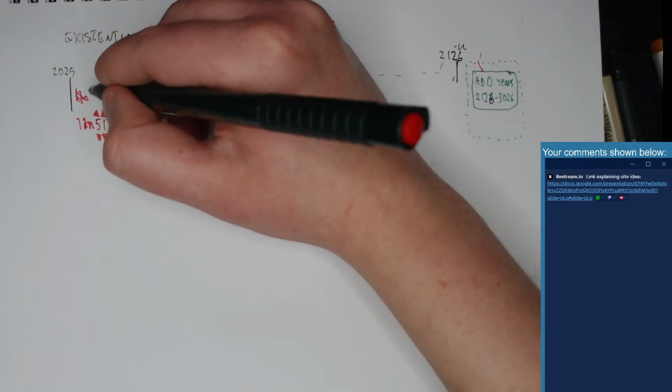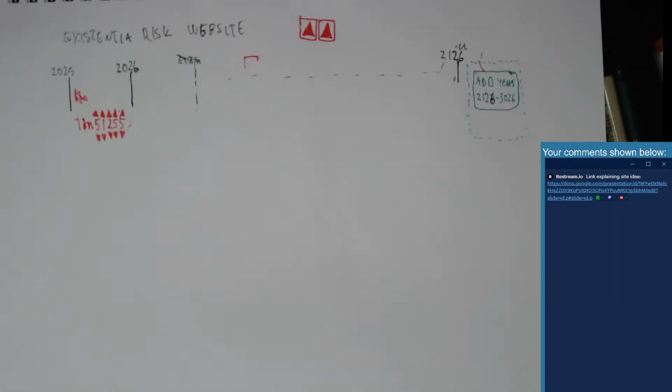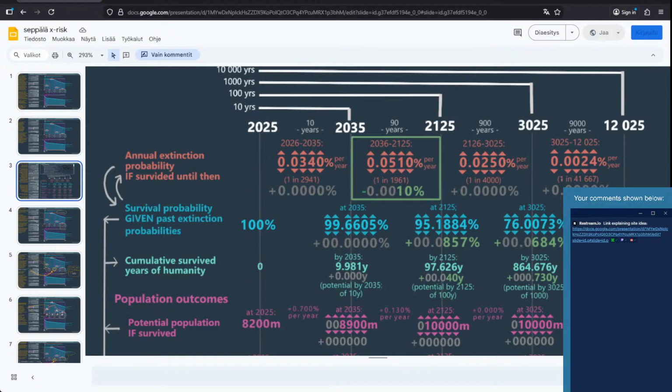Then I want to consider, do I want to have, as I have here, this explanation, 2006 to 2035?